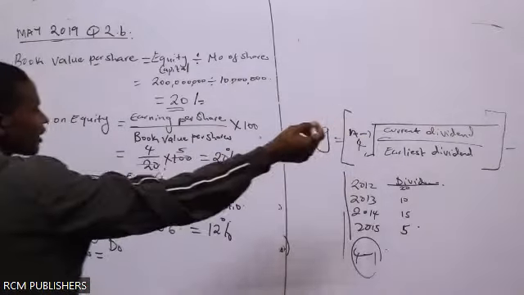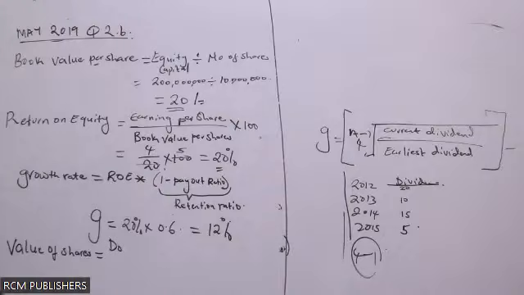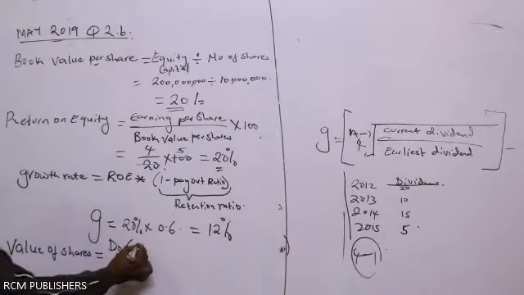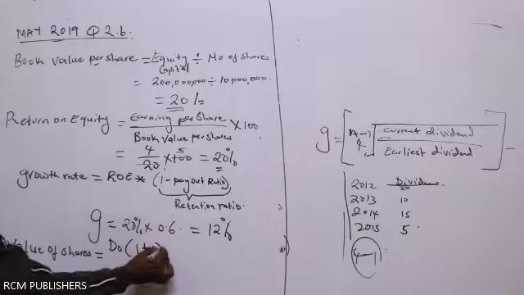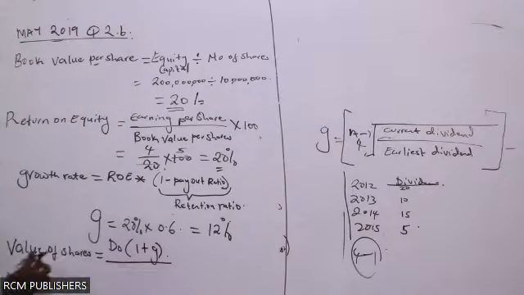In this case, I don't think we have it, but computing that is simple. D0, I multiply by 1 plus g, and then since I need the value of shares, I have to divide with the rate plus growth. That will have given me what I need.